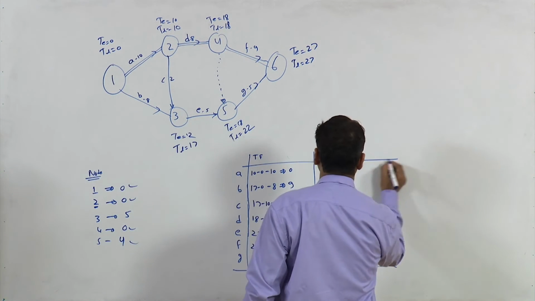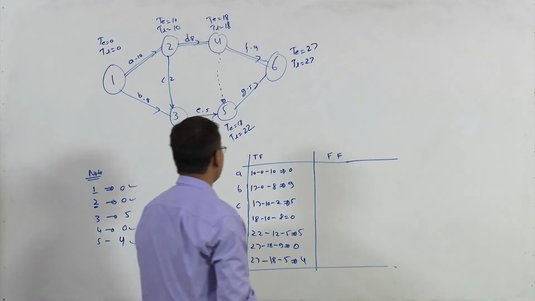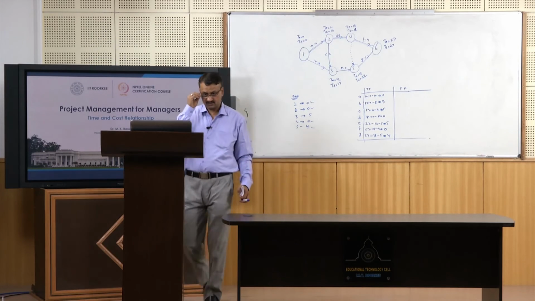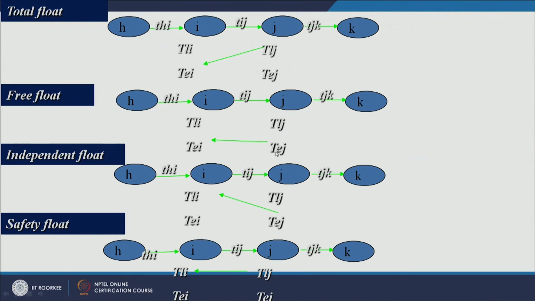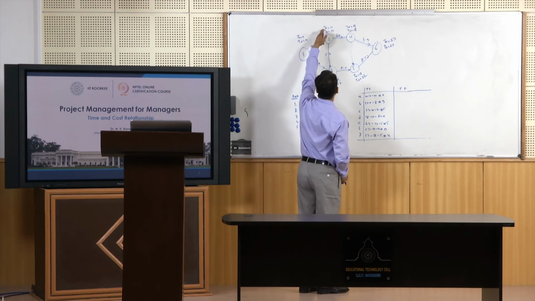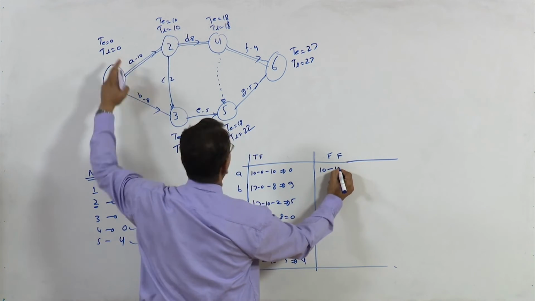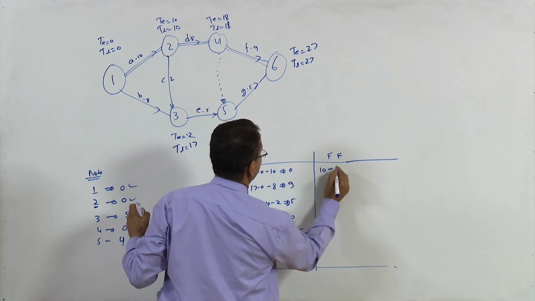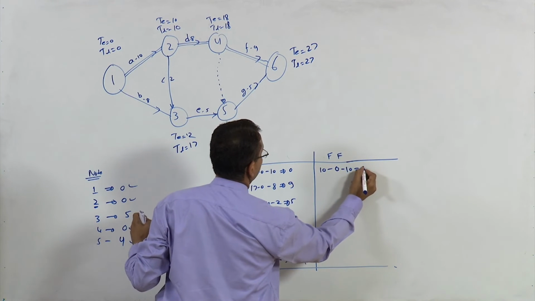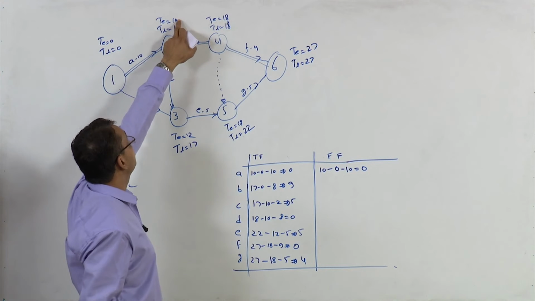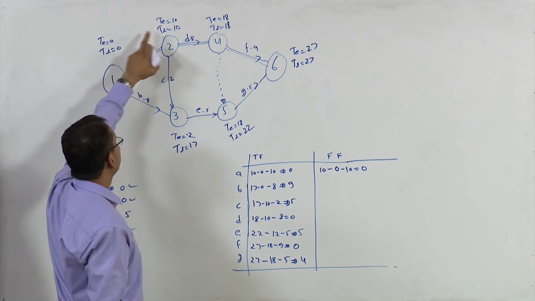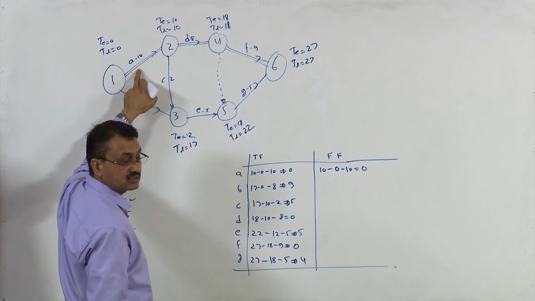Let us calculate free float. What is free float? Just remember, free float is TEJ minus TEI minus duration, so you have to take only earliest times. For A, 10 minus 0 minus 10, this is 0.